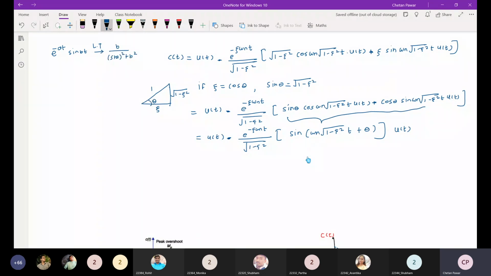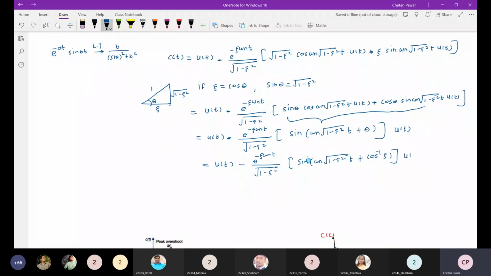Okay, and where theta is cos inverse zeta, right? So that will be c of t equals u of t minus e raised to minus zeta omega n t over square root of 1 minus zeta square, sin of omega n square root of 1 minus zeta square t plus theta, where theta is cos inverse zeta.